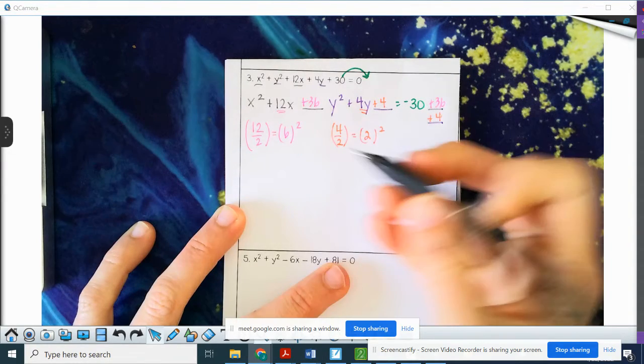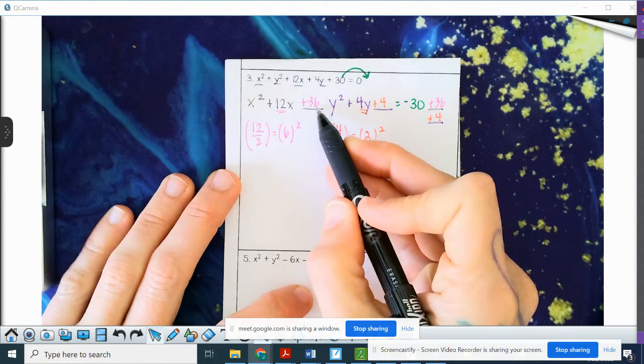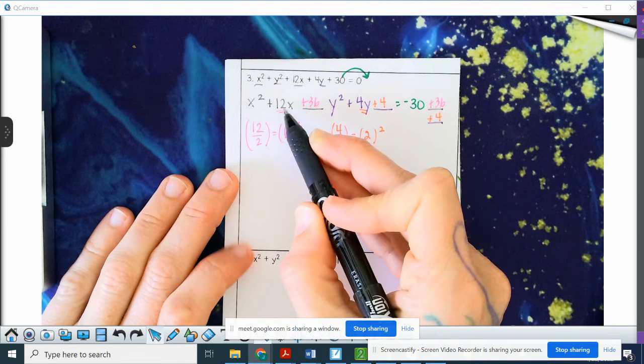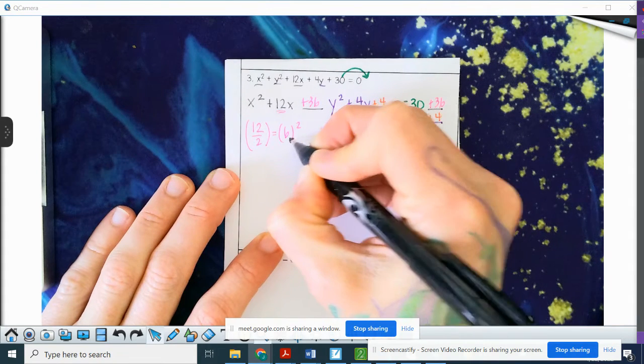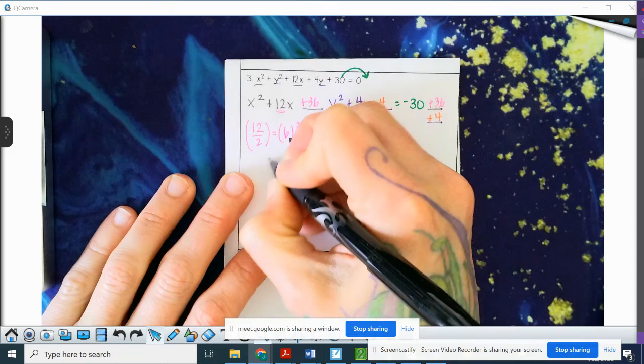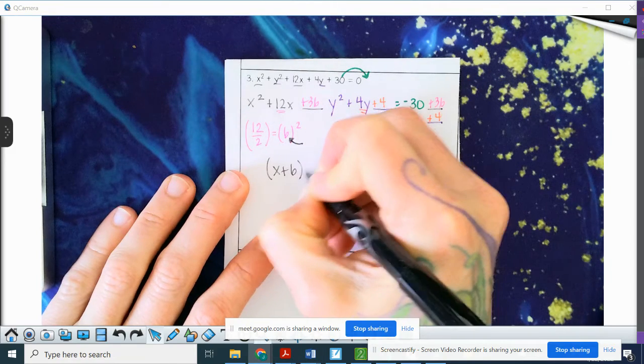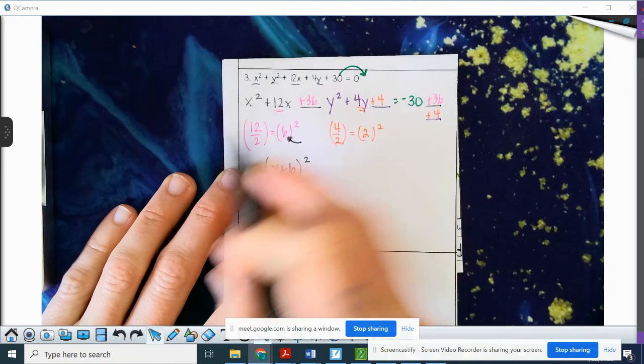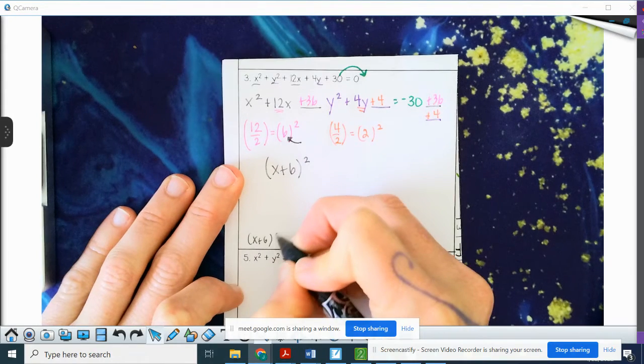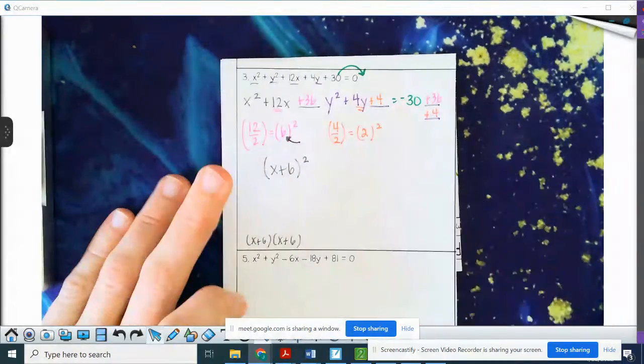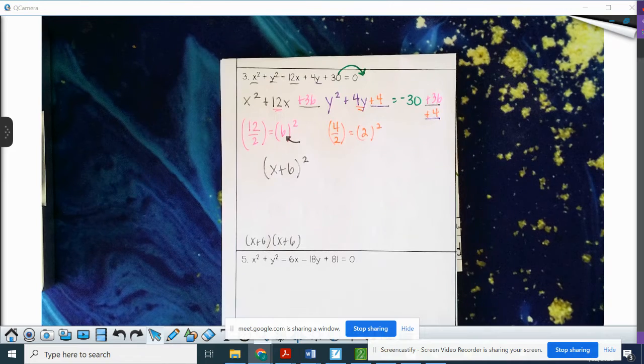Now we factor. So what multiplies to give me 36 but adds to give me 12, as I mentioned in some of the videos I made. This is your cheat. So x plus 6 squared, because as that factored, that would be x plus 6 times x plus 6. And if you multiply that together, you would get x squared plus 12x plus 36.